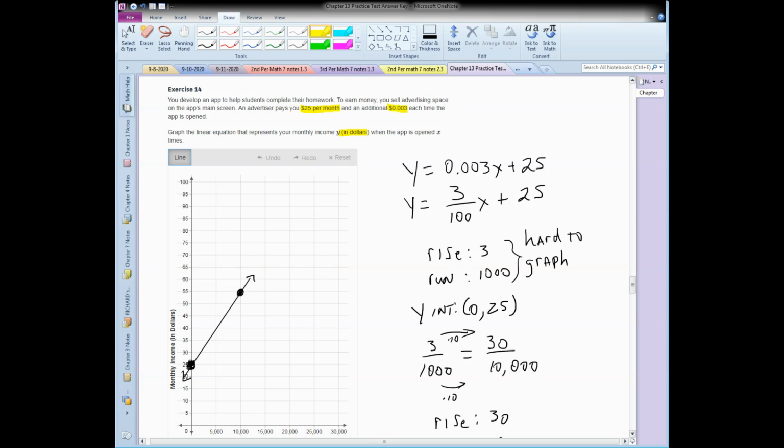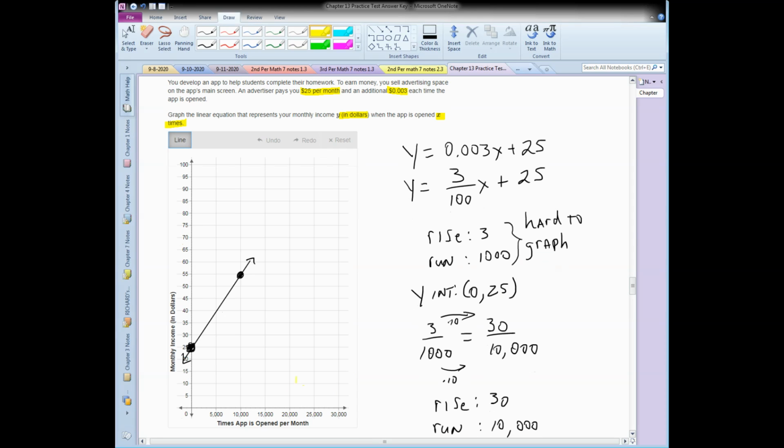So your monthly income is in dollars when the app is opened x times. So the x values represent the number of times the app is opened, and you can see that that's labeled down here. And then your monthly income is on the y-axis. Okay, so here's my equation. y equals 0.003x plus 25. So what did I do?